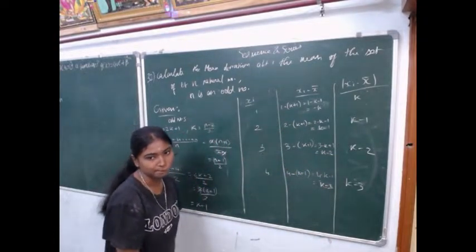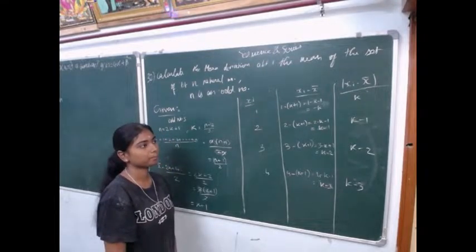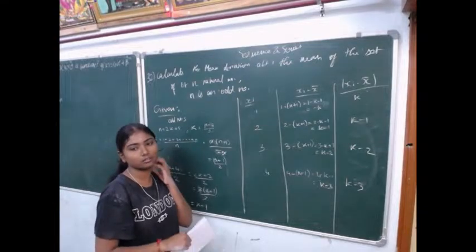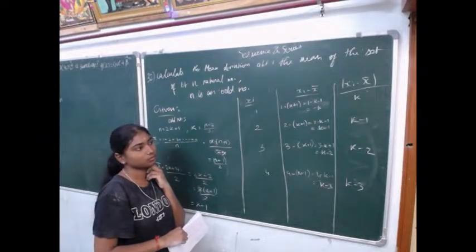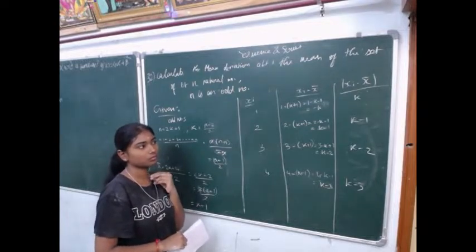Is it not? So K plus 1, 2 minus K minus 1. So 2 minus 1, how much? 1. Okay. So this is xi minus x1.